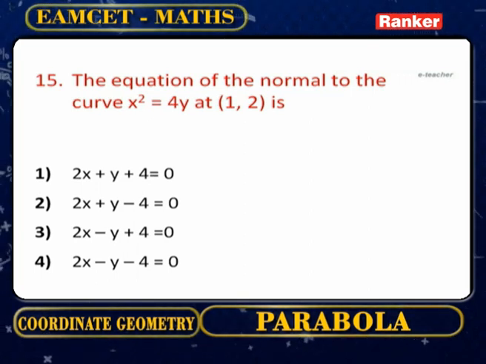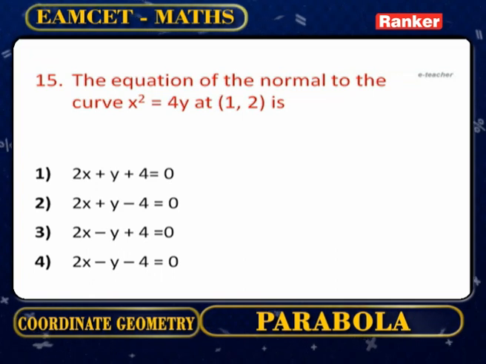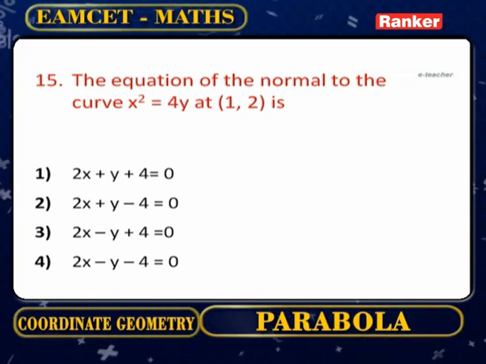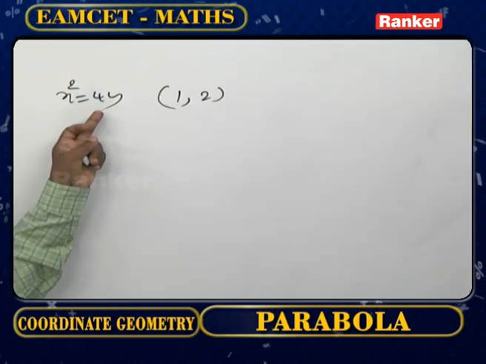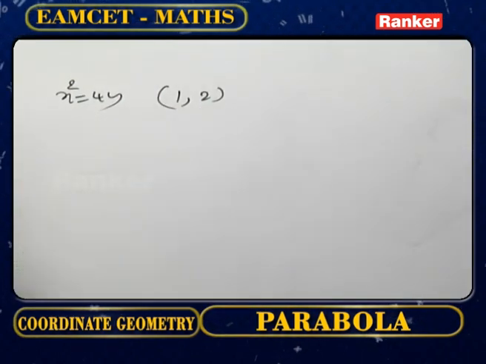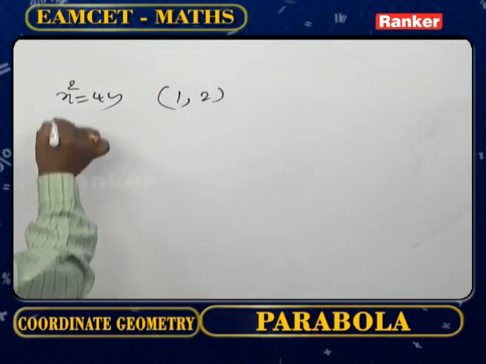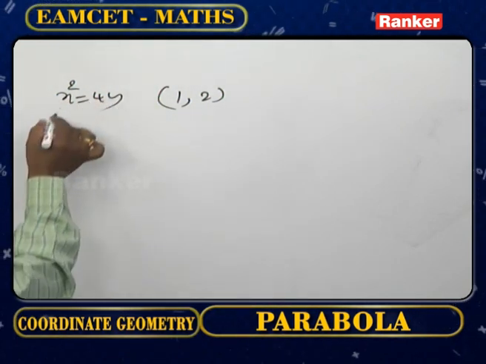The equation of the normal to the curve x square equals 4y at the point 1 comma 2. Now, the equation of the parabola is given as x square equals 4y, and the point is 1 comma 2. First, differentiate the equation with respect to x.